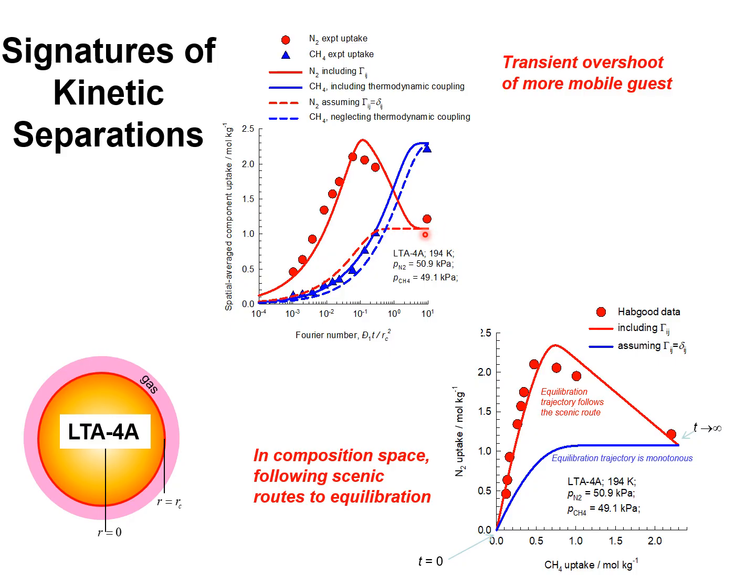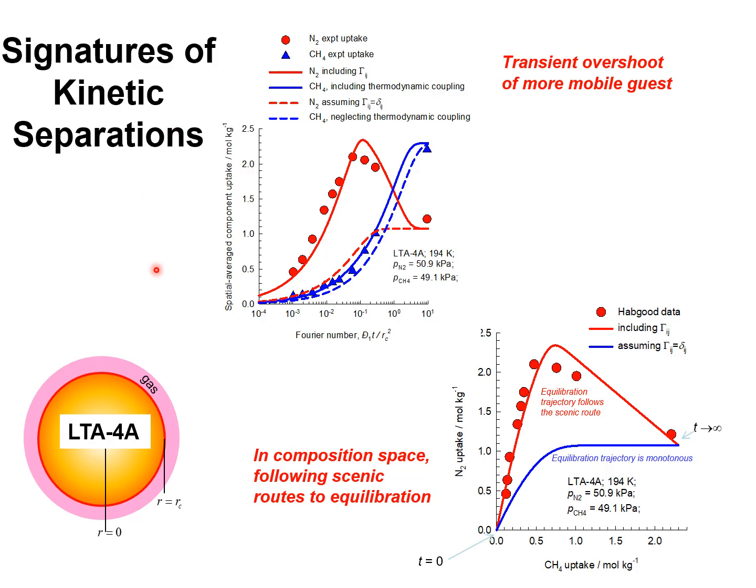And there is poor agreement, qualitative and quantitative, with the experimental data of Habgood. We therefore conclude that the Habgood experiments with transient overshoots can be described only by a model that takes due account of thermodynamic coupling effects. Indeed, the transient overshoot of the more mobile guest is a signature of kinetic separations.